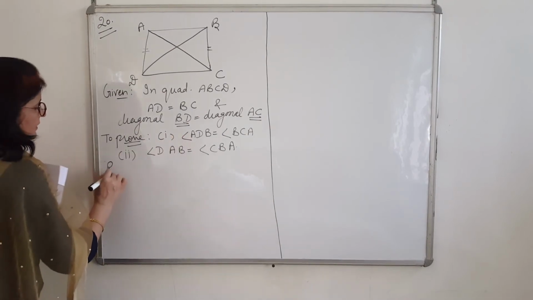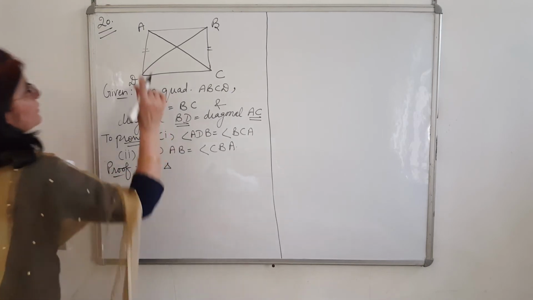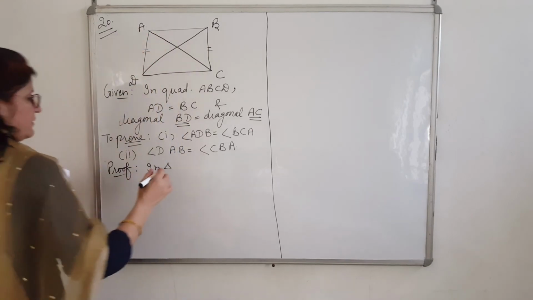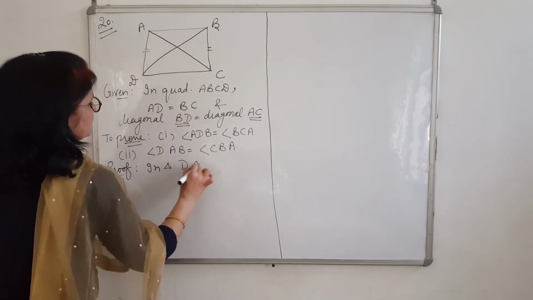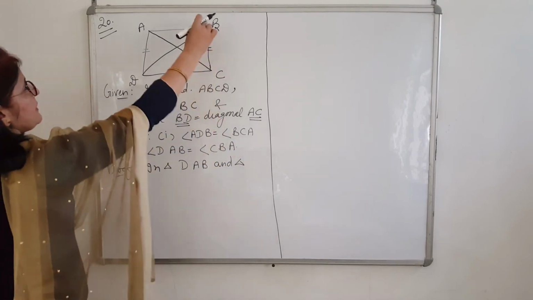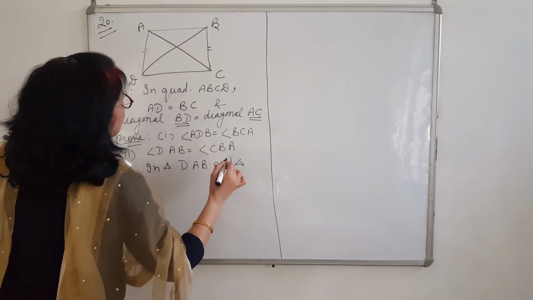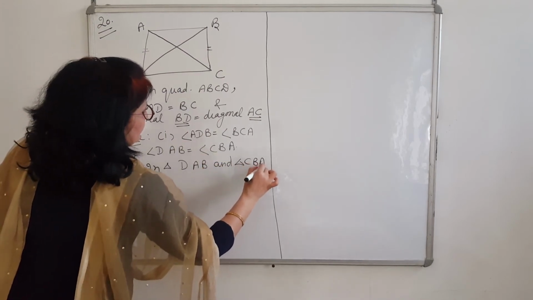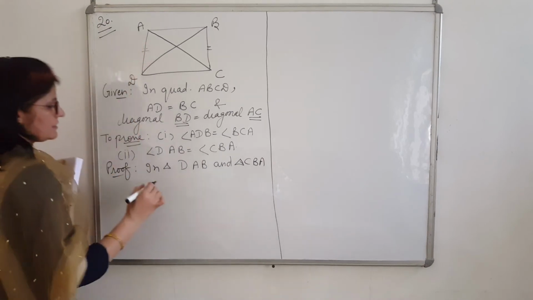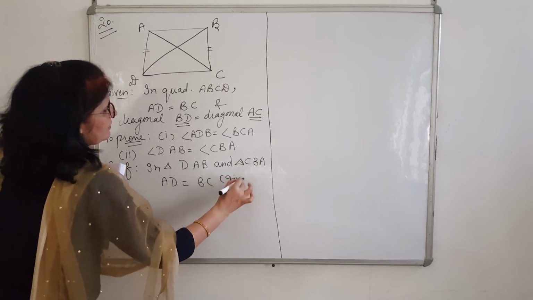So in triangle DAB or BAD and triangle CBA, what three things are common in these two triangles? First is AD equals BC, given.